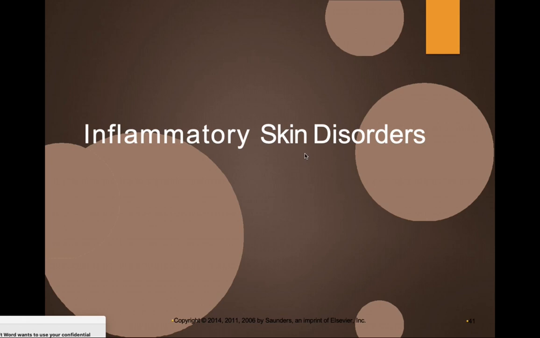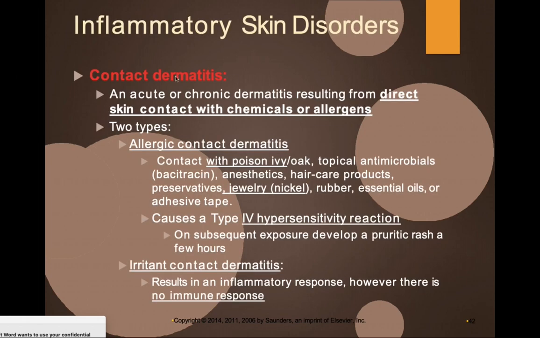Inflammatory skin disorders. There's something called contact dermatitis. Now, contact dermatitis is an acute or a chronic dermatitis that results from direct skin contact with either chemicals or allergens. And there's 2 types. There's an allergic contact dermatitis, and then there's an irritant contact dermatitis.